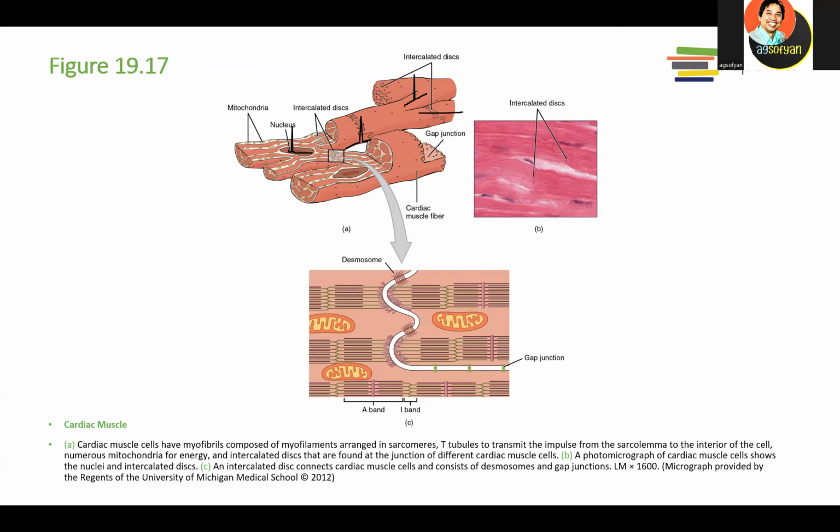And there is a special connection between cells in this cardiac muscle that has holes, that make the connection between the cytoplasm of one cardiac muscle to the cytoplasm of the next cardiac muscle. And this one is called the gap junction.